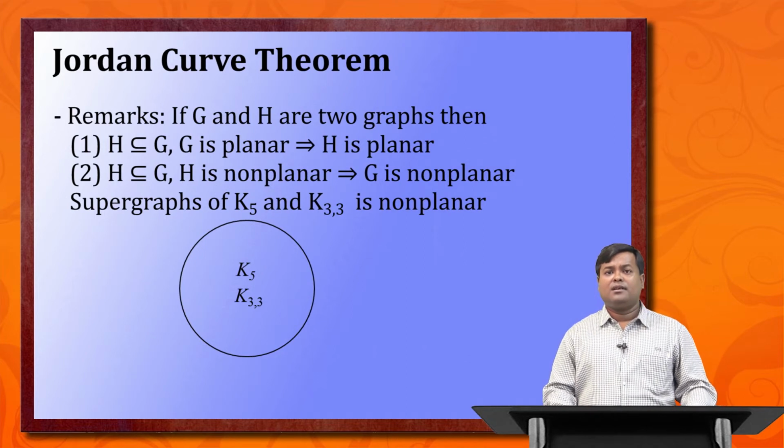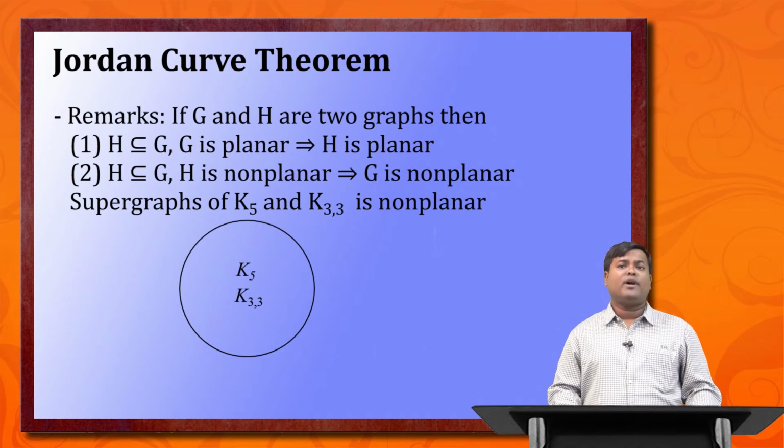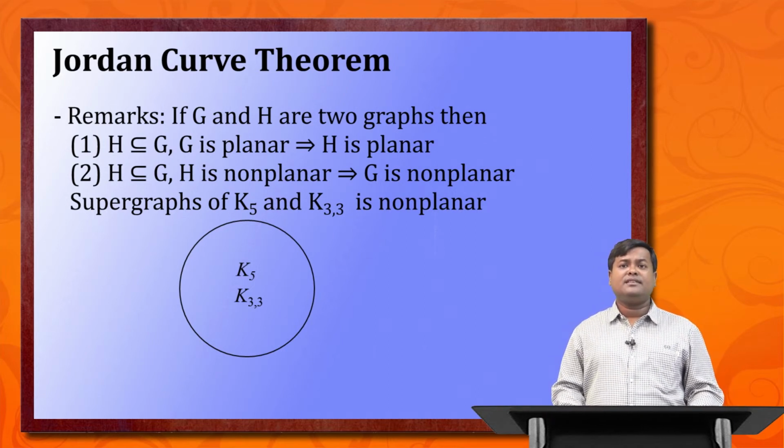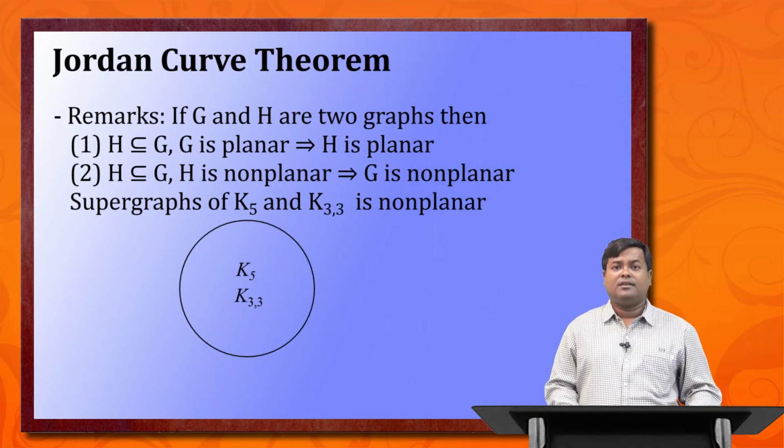The reason is H is a subgraph of G. We are assuming that G is planar. And how do we create H? We create H by selective deletion of some edges and vertices from G. So there is no chance of additional crossing. So if G is a planar graph, then definitely the subgraph is also planar.